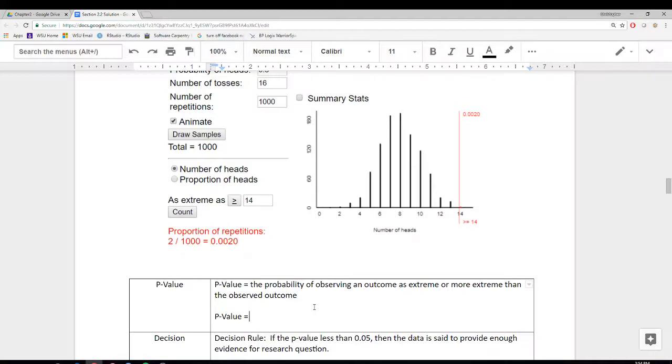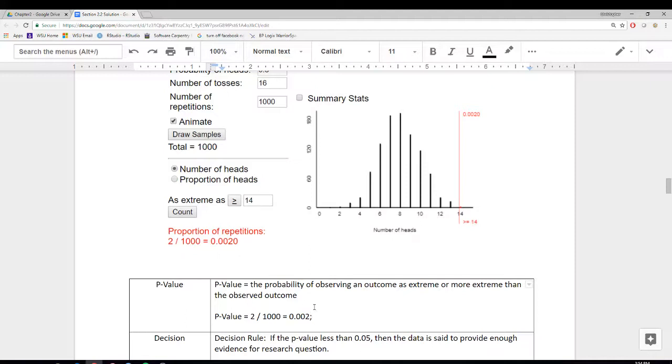So again, what is the p-value here? The p-value is computed by 2 divided by 1,000. So in this particular case, I used 1,000 simulated outcomes, which is 0.002. Again, what does this represent?